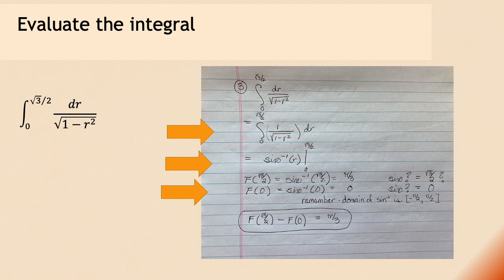Pi over 3 fits the bill. And for the second one, when you plug in 0, you want to know the sine of what is equal to 0. Well, the sine of 0 is equal to 0, and it is in the range of the inverse sine. So now we simply do our subtraction at the end, and we get our answer of pi over 3.